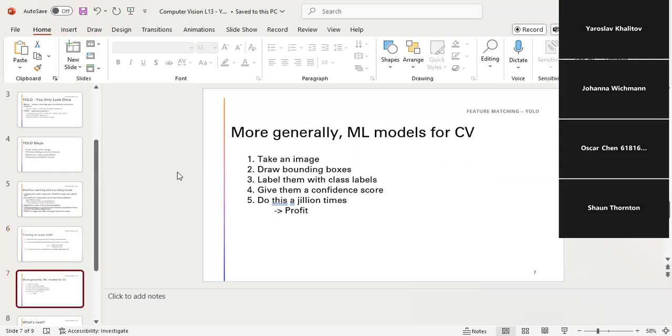So this abstracts that to the general case of feature matching, or usually at this point, once you get into the ML side, people just talk about object detection and classification.